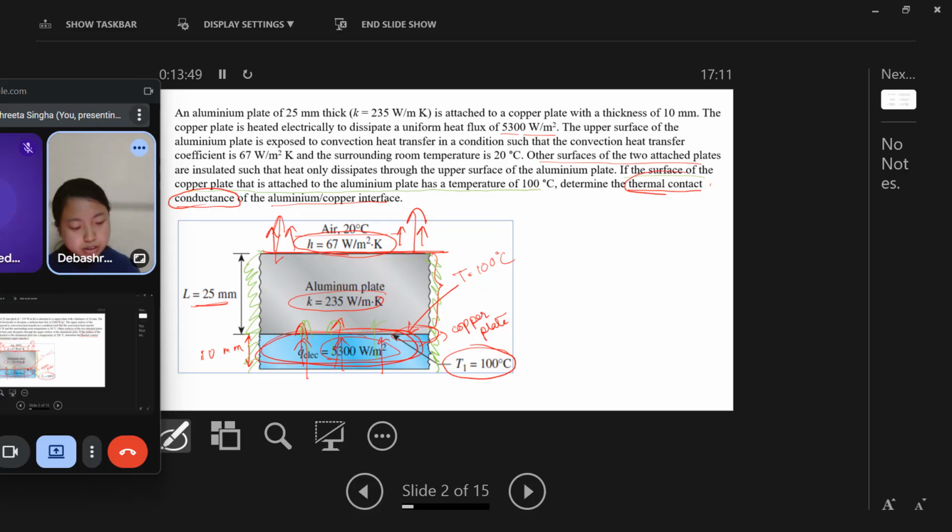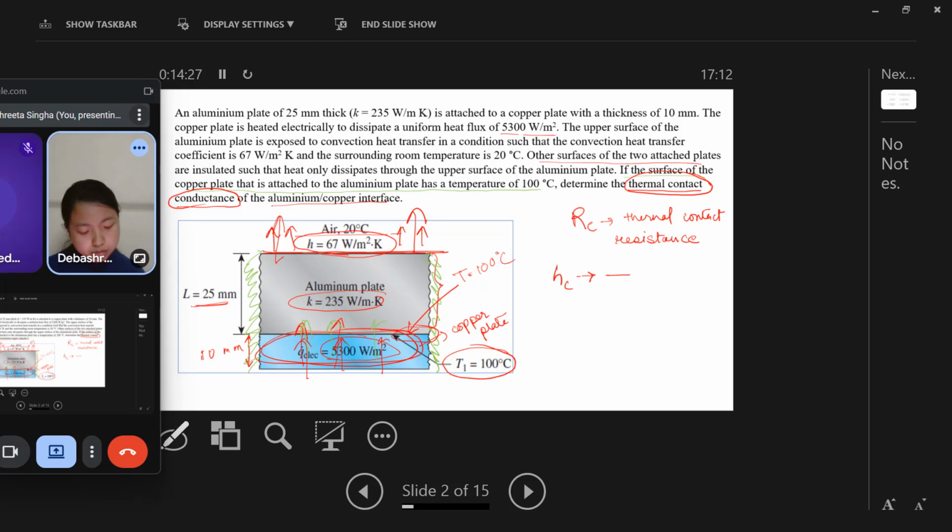So what is thermal conductance? Already we have discussed contact resistance. Conductance is simply, if Rc denotes thermal contact resistance, then you can denote with Hc.